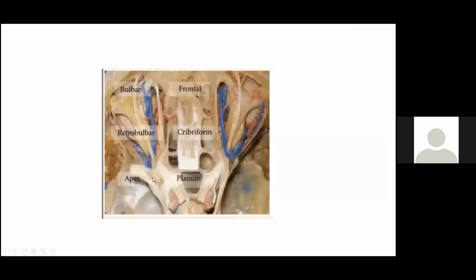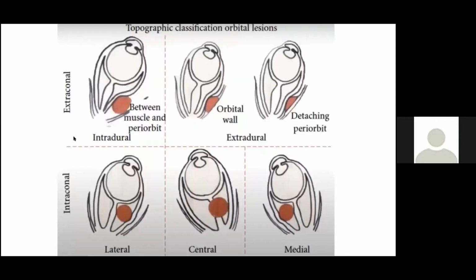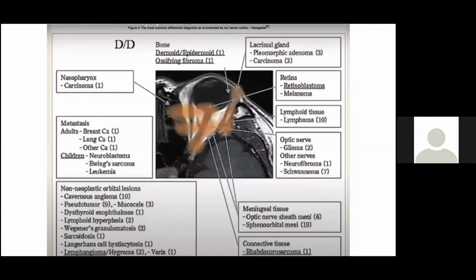These two slides I borrowed from Dr. Morcos' excellent Miami tumor symposiums talk. And then you can also think about whether or not the lesion is intraconal or extraconal. If it's extraconal, is it intradural or extradural? And if it's intraconal, in comparison to the optic nerve, is it medial, lateral, or central? Because that can help determine the approach that you need to take.